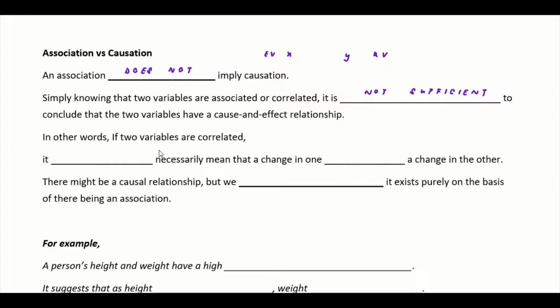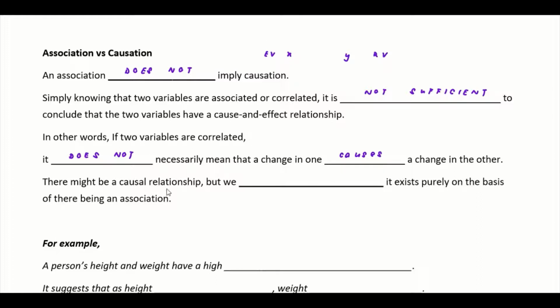In other words, when we say that two variables are correlated, even though x can be used to explain the difference in y, it does not necessarily mean that a change in one actually causes a change in another. It's not that we never use the word cause, but in the majority of cases, where we do not have a perfect association, we wouldn't use the word cause here.